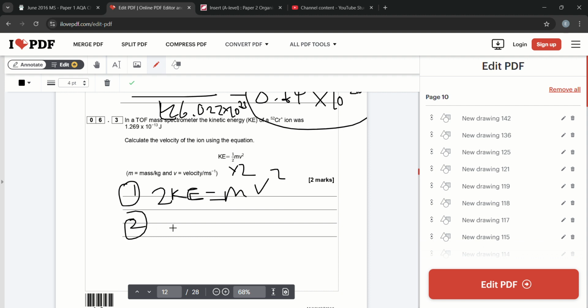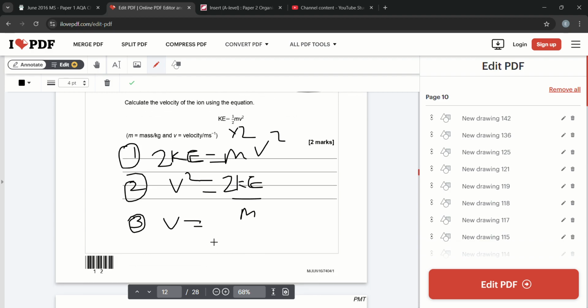Second step, v squared equals 2KE divided by m. Third step, v is equal to the square root of 2KE over m.